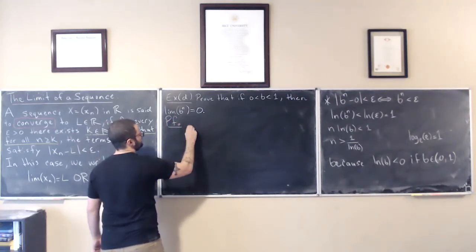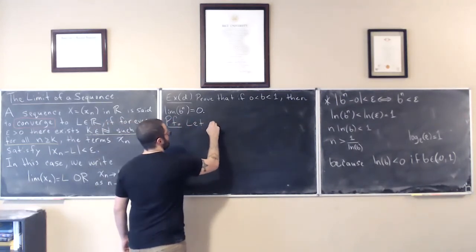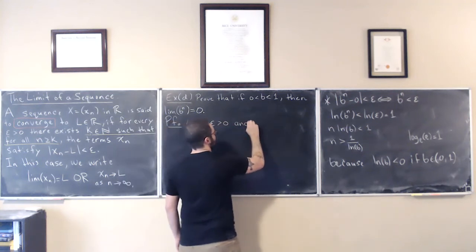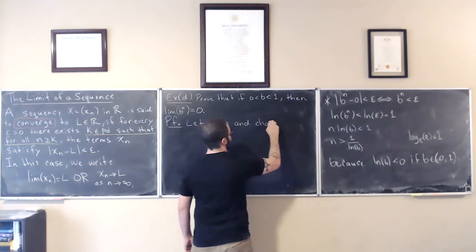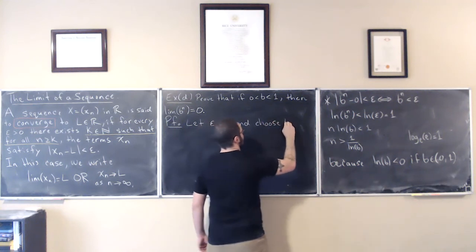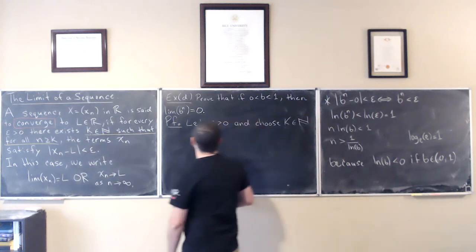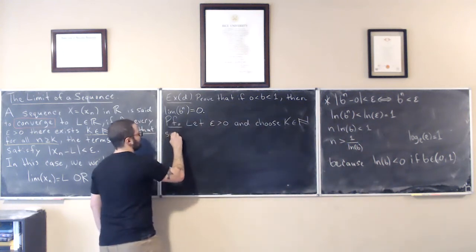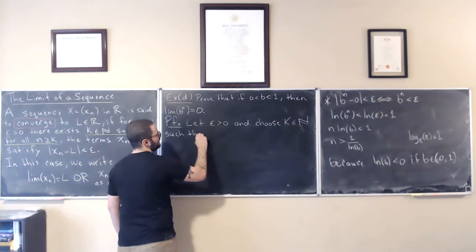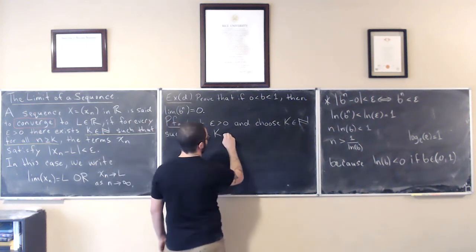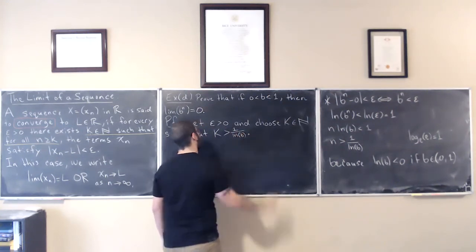And then you prove: let epsilon be greater than 0 and choose k, which is some natural number, such that k is greater than 1 over natural log of b.